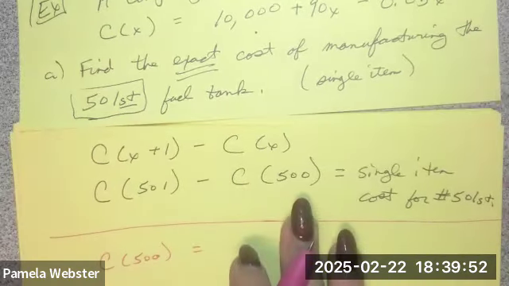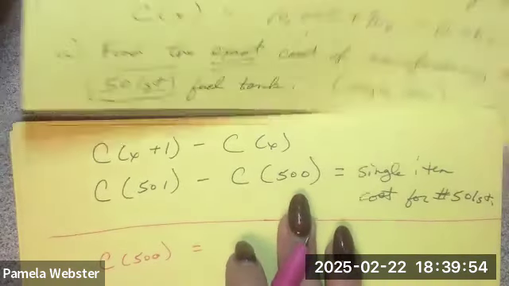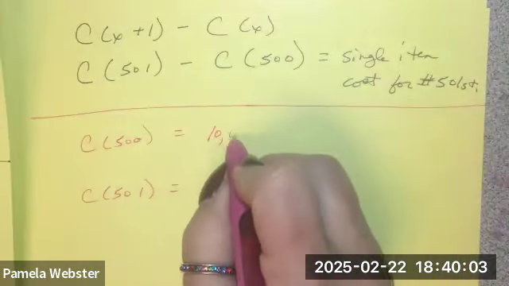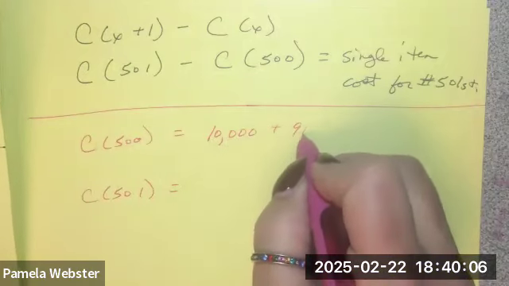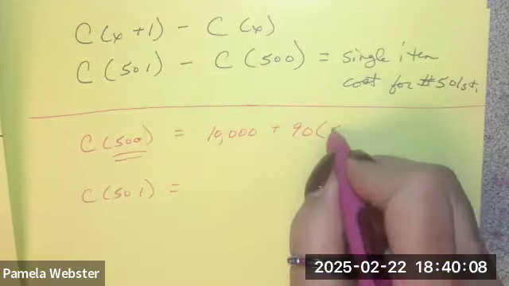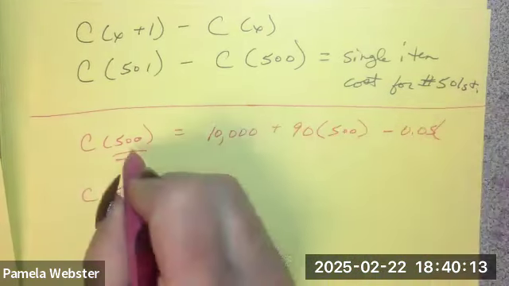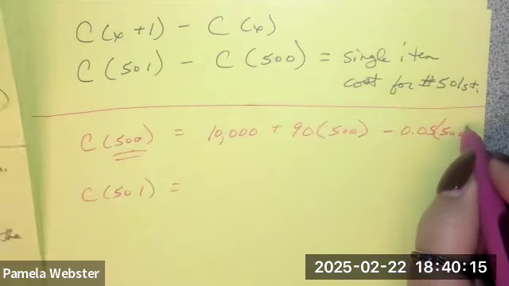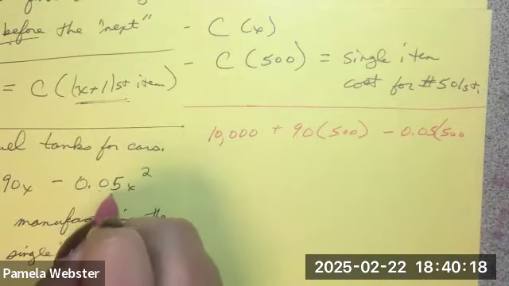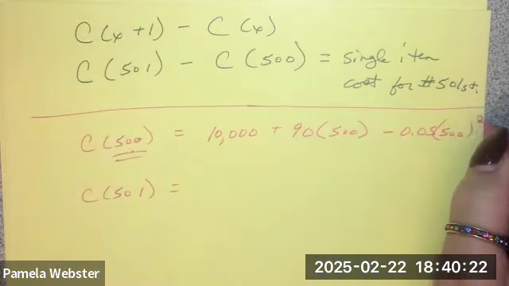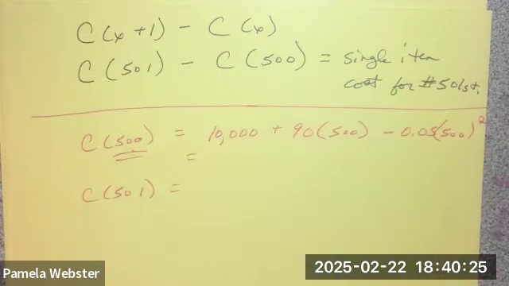The cost function is 10,000 plus 90 times, putting in a 500 everywhere I see an x, minus 0.05 times, again, 500 squared.